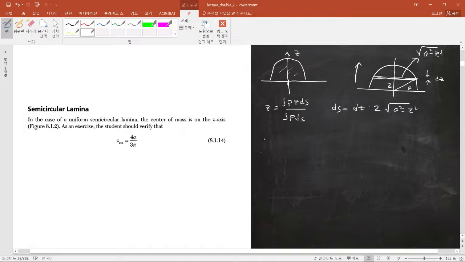so z is equal to rho, let's just cancel rho first, and the integral of dS we know is 1/2 pi a squared. This is the area of a half circle, and then, since we are piling up along the z direction, you have 0 to a of 2z times the square root of a squared minus z squared dz.